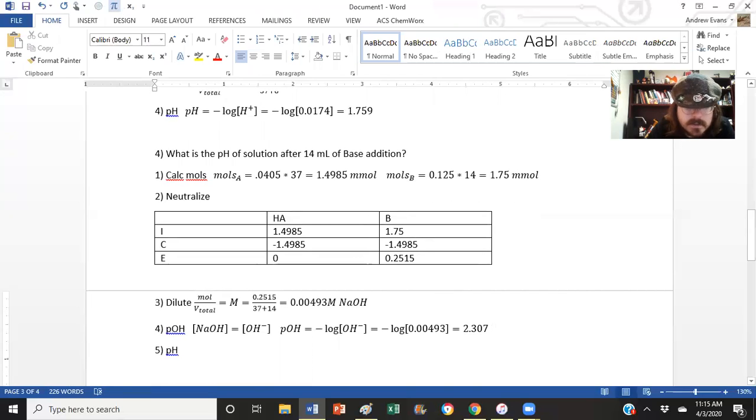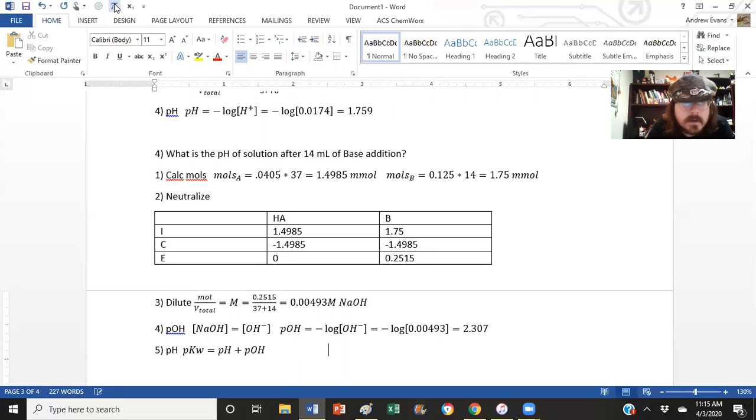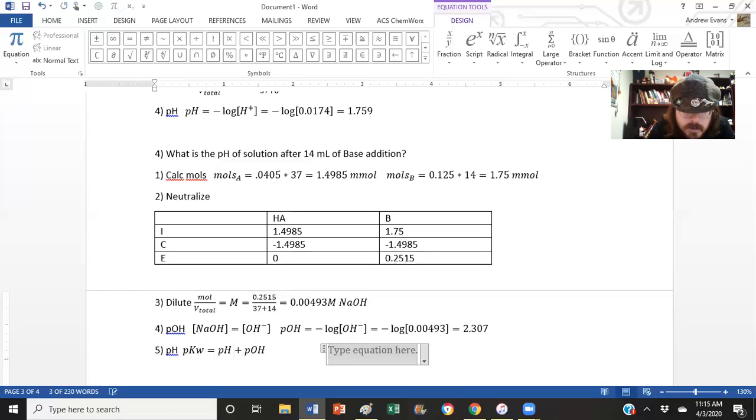Now, the last step, we need to answer the original question of what is the pH? pKw equals pH plus pOH. So with that in mind, we can rearrange that equation to say pKw minus pOH equals pH.